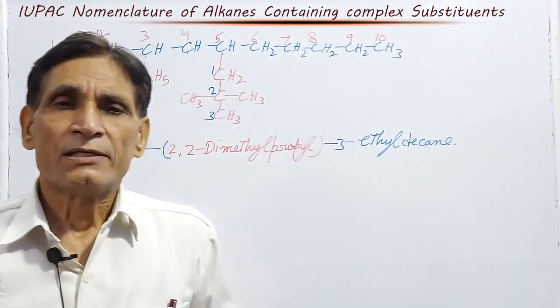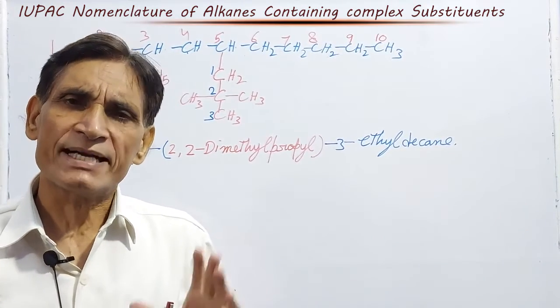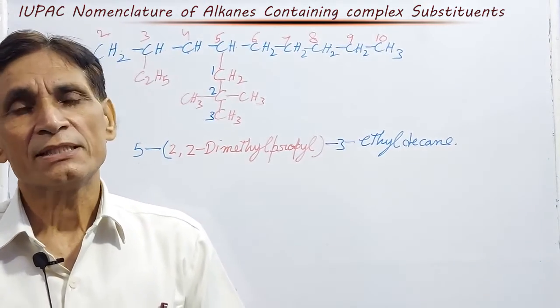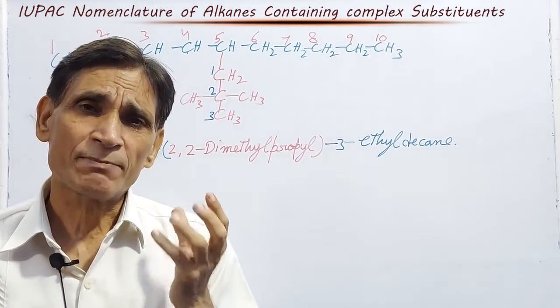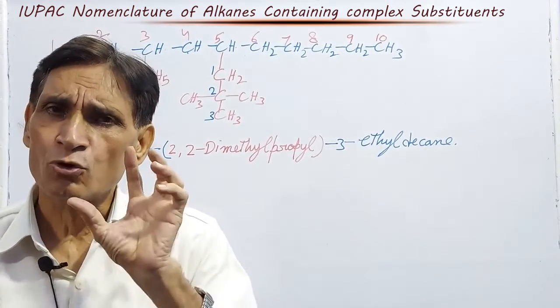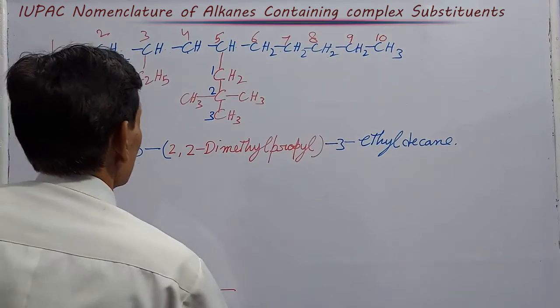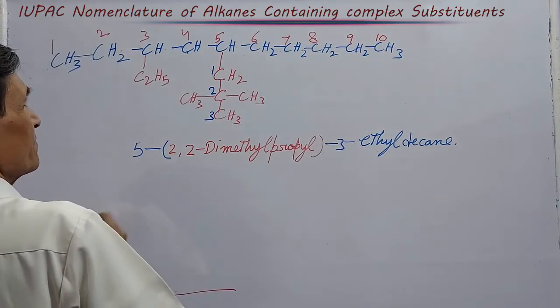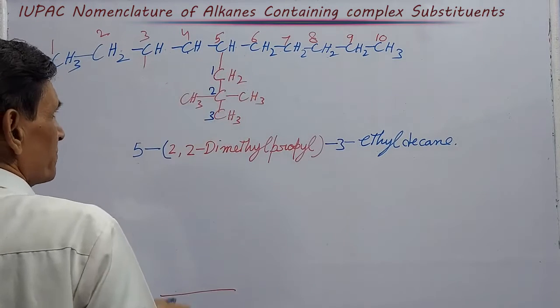Next rule. If the words in the names of complex substituents are identical, then priority is given to the locant having the lower number. See the example. Suppose the same type of branch is there.